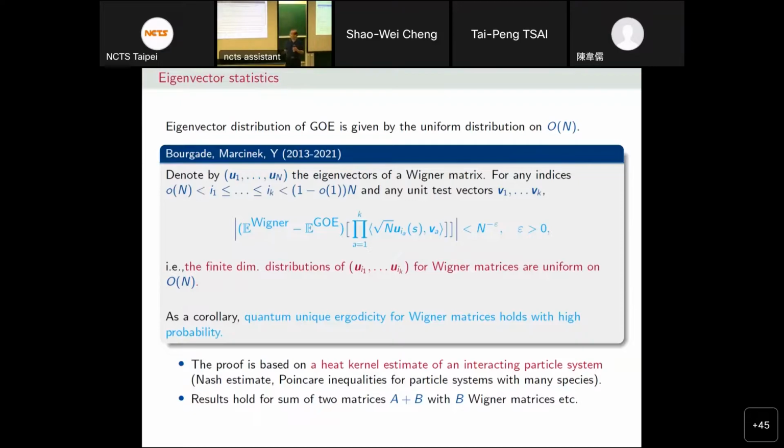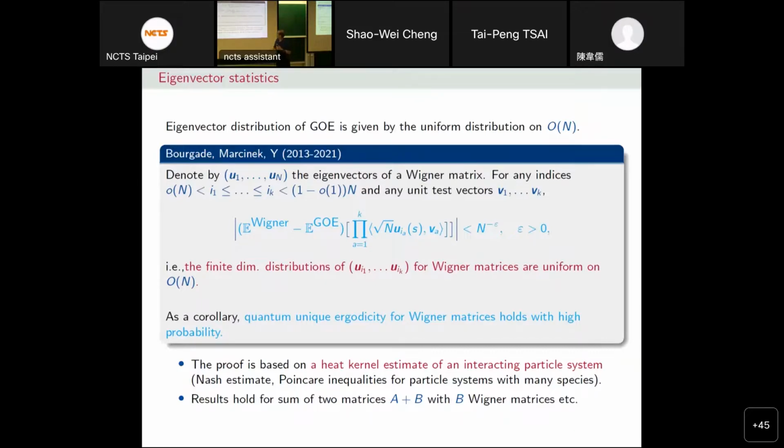When I write GOE here, it means the distribution of the eigenvector with respect to the GOE. This means it's SO(N), the orthogonal group. And now you compute the eigenvector.